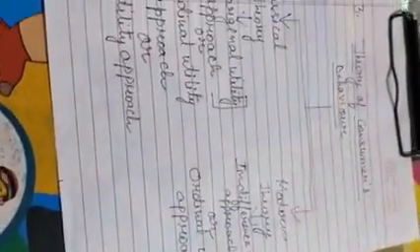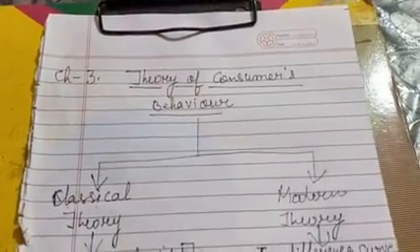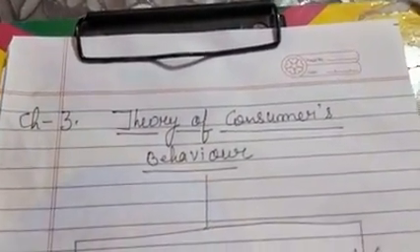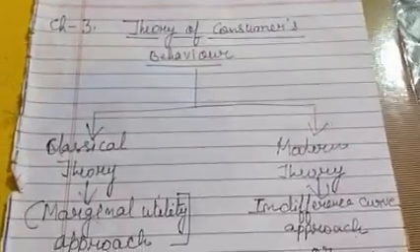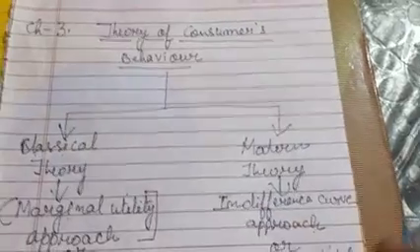Is it clear, children? Now see, this is a chart which you people have to prepare. In this chart, we will start with chapter number 3, theory of consumers behavior. Under this we will study two theories.